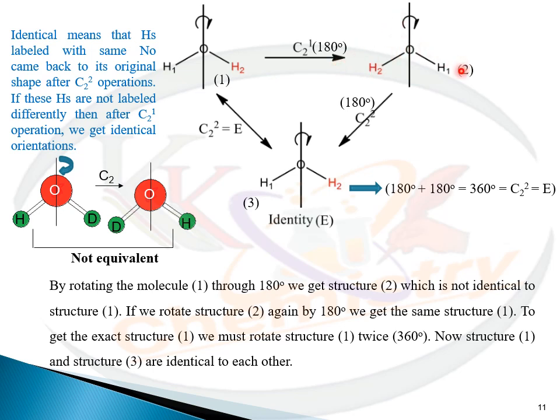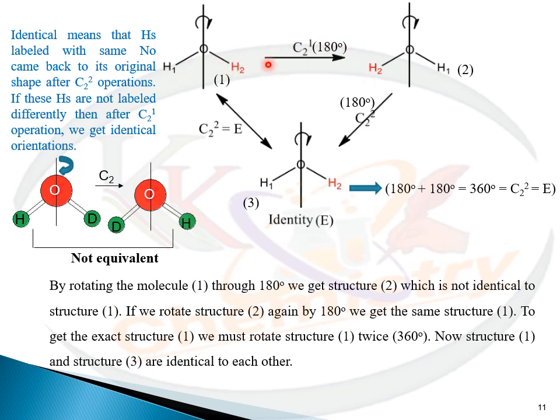Come towards here, apply a C2 operation, we get hydrogen, hydrogen, hydrogen, hydrogen. Just forget the numbering, the labeling. You can superimpose this one if we remove the numbering, but we have numbered it just to see the change.